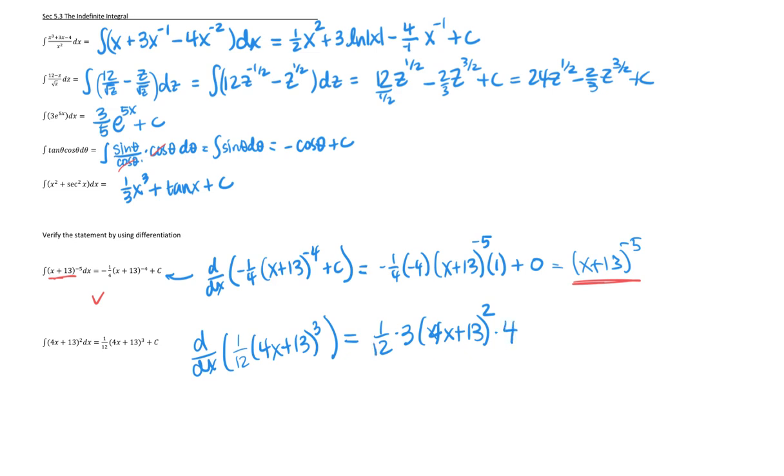Oh, sorry, that should be 1/12. Okay, and then plus c, the derivative of c is 0. And so what do I get? Well, I have a 1/12 times 3 times 4, so that ends up making a 1. So I'll just be left with 4x plus 13 squared. And that actually checks out that this is equal to what I started with. So that makes that true.